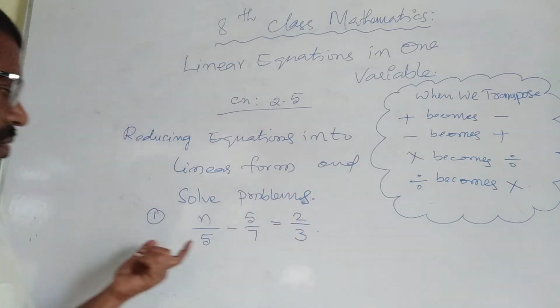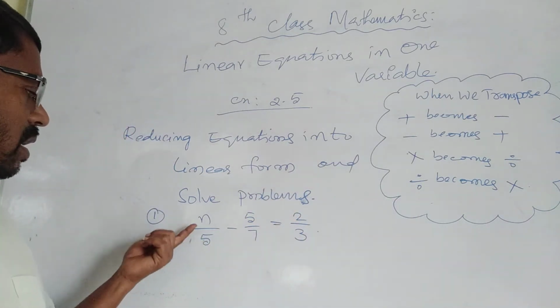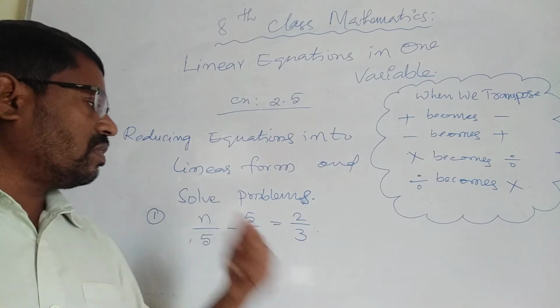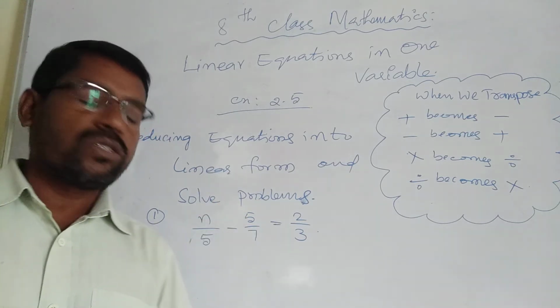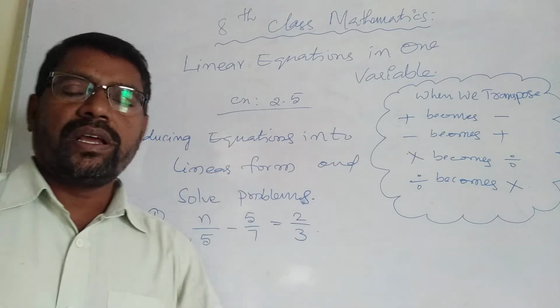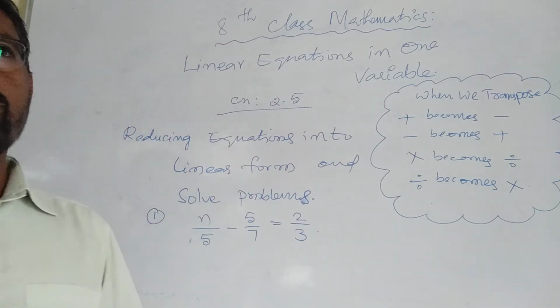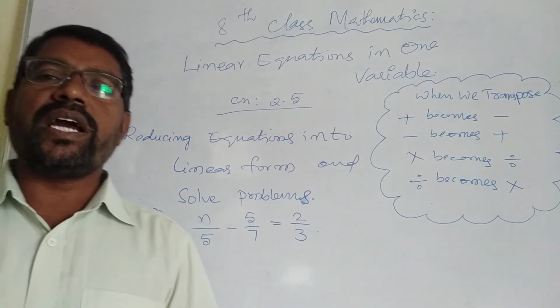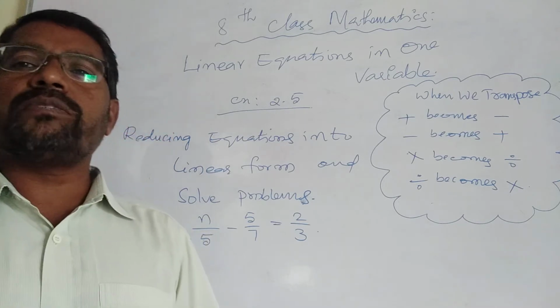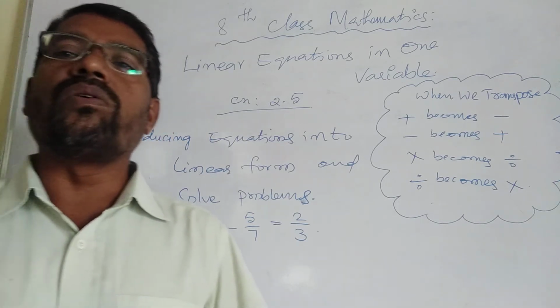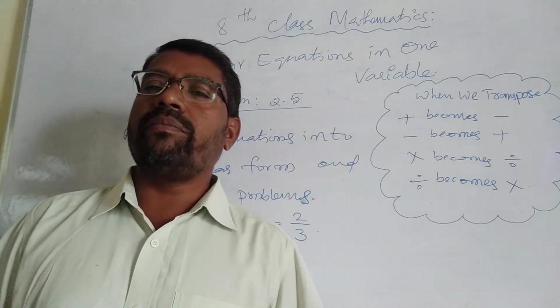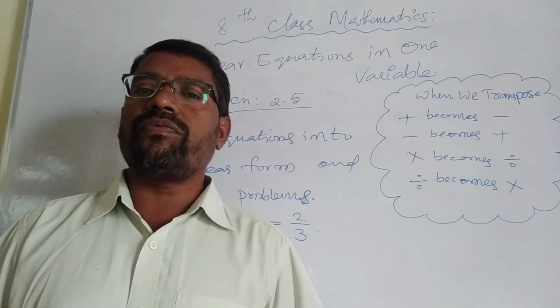Now you are looking at one problem on the board, that is n by 5 minus 5 by 7 is equal to 2 by 3. It is not in the linear form, that means it is not in the standard form. Linear form means ax plus b is equal to 0, where a and b are coefficients and x is a variable of first degree.